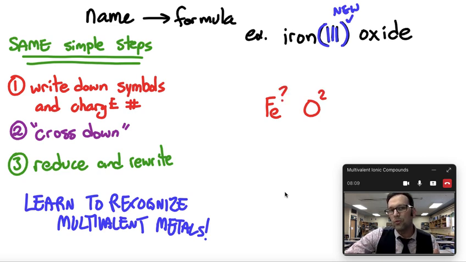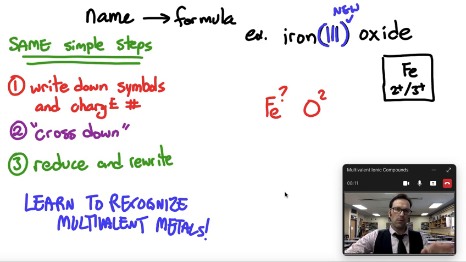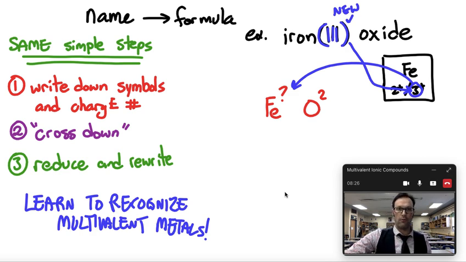Which one do we use for iron? Because on the periodic table, remember it says iron is a 2 plus or a 3 plus charge. Well, that Roman numeral actually tells us, see that's a Roman numeral 3? That is what we use in place of the charge. So really, just to recall, this Roman numeral tells us the charge of the iron. And that's it.